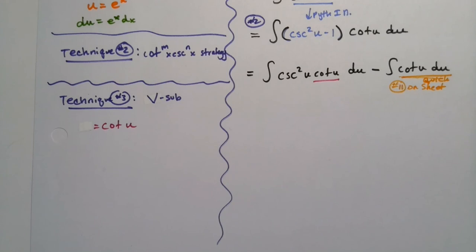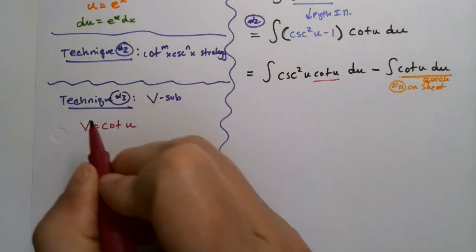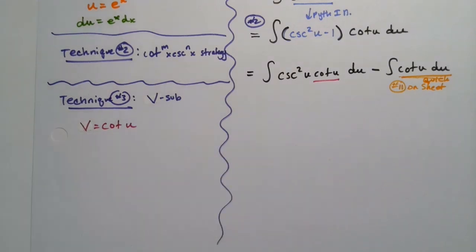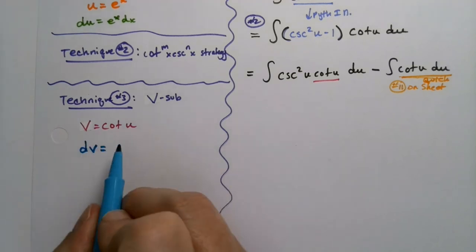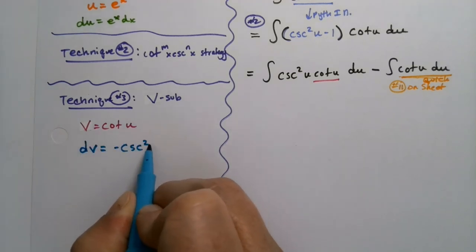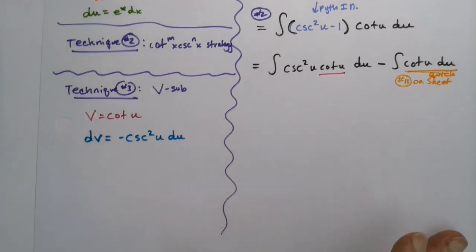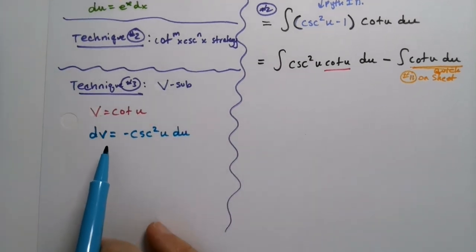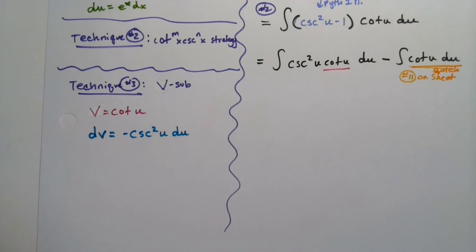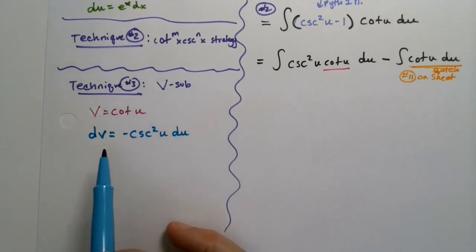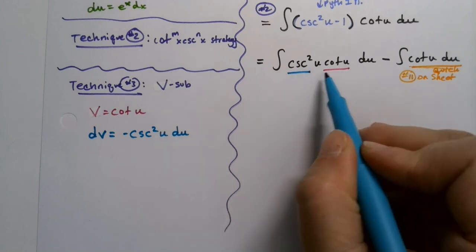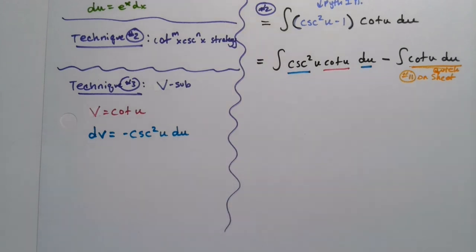All right, so v is the cotangent of u. And then dv is equal to negative cosecant squared of u du. By the way, if your v's and your u's look very similar, which mine used to when I was first taking calculus, that is something you are going to want to change. You can break yourself of different penmanship habits.